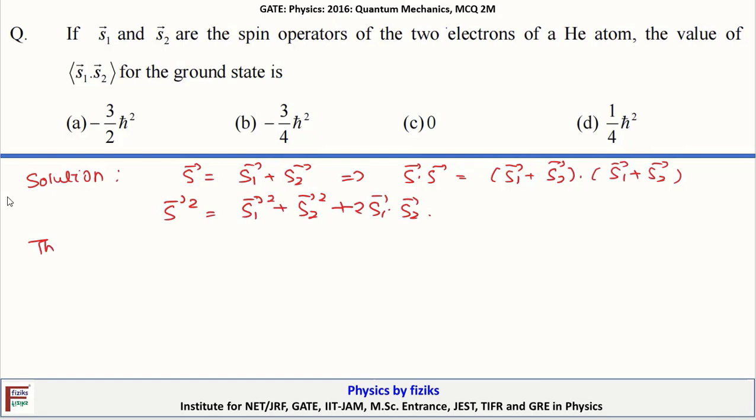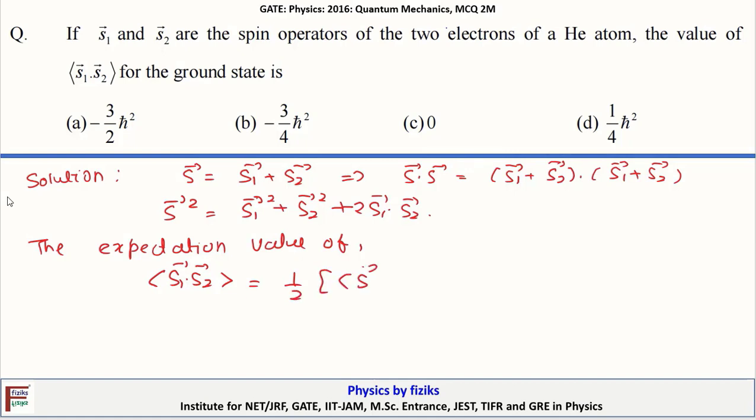Thus, the expectation value of S1 dot S2 can be written as 1 by 2 of S square minus S1 square minus S2 square.